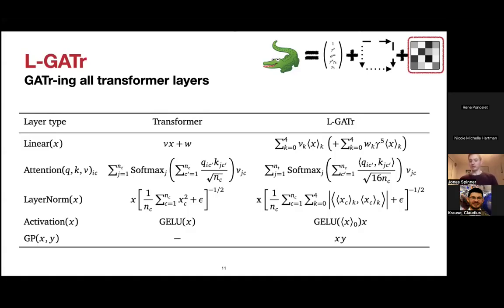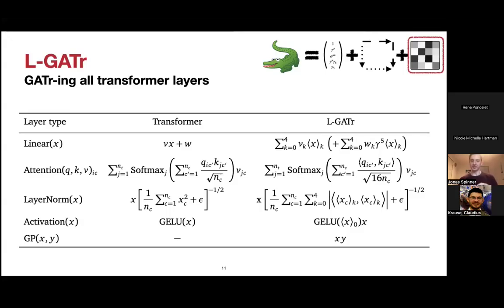Now the second part is just optional. If you don't want this fully connected subgroup, but the full Lorentz group, then you would just drop it. And similarly, we proceed with all the other layers. There's one subtlety or one benefit of the L-GATr architecture, which is that we have the geometric product as an extra operation, and we can just add this as an extra layer, which is essentially another source of nonlinearity, or another activation function if you want.